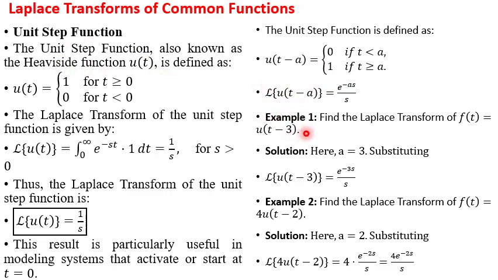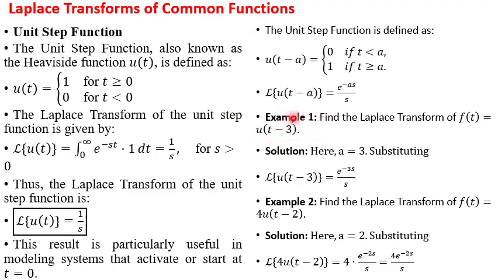Take for example, find the Laplace transform of f of t equals u of t minus 3. The appearance of this function shows that it is a unit step function. In this case, it is a shifted unit step function.